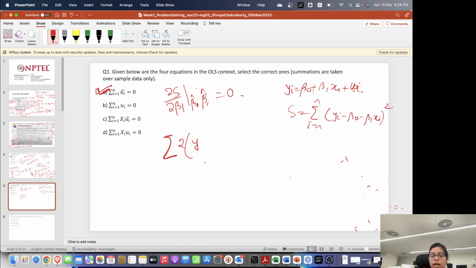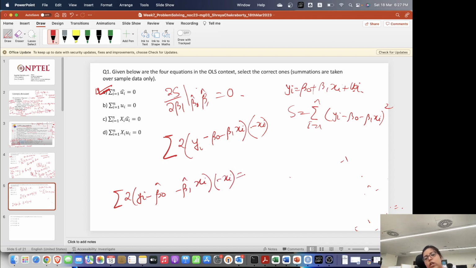So 2 will come again here, yi minus beta naught minus beta 1 xi, into the coefficient of beta 1, that is minus xi. If we put yi minus beta naught hat minus beta 1 hat xi into minus xi, we would get this to be 0.